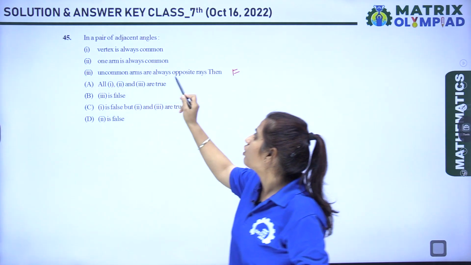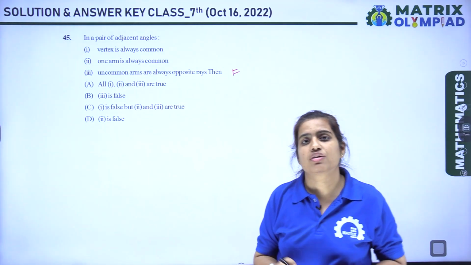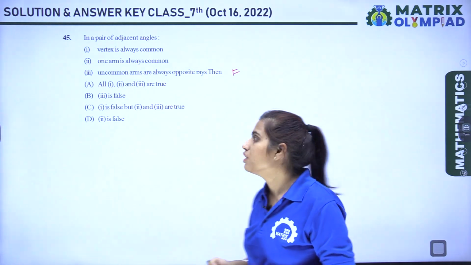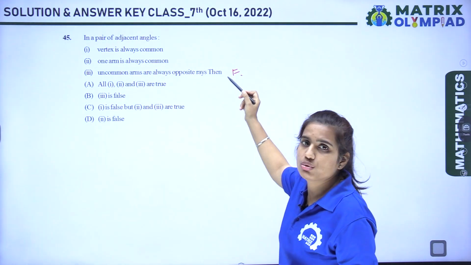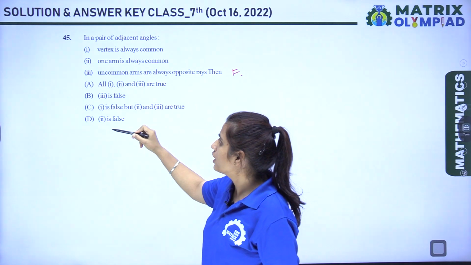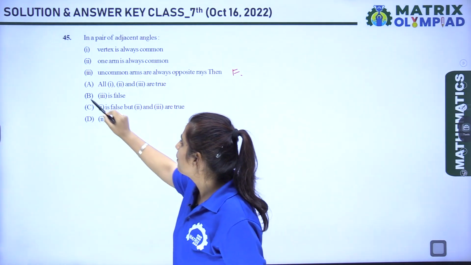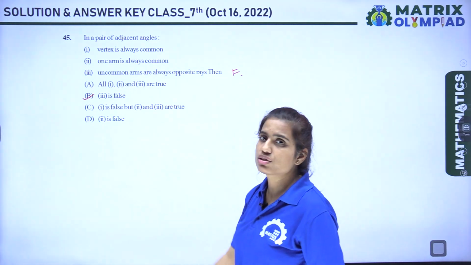Uncommon arms are opposite rays only in supplementary angles, right? So this is not applicable to all conditions. Now let's check the options. Here option B is the correct answer as the third statement is false.